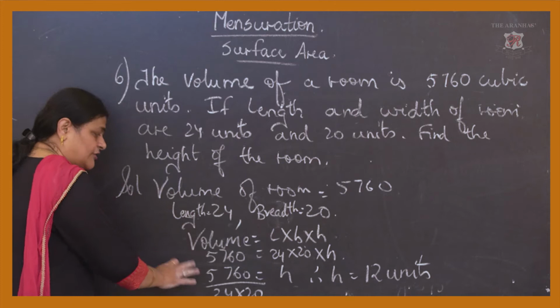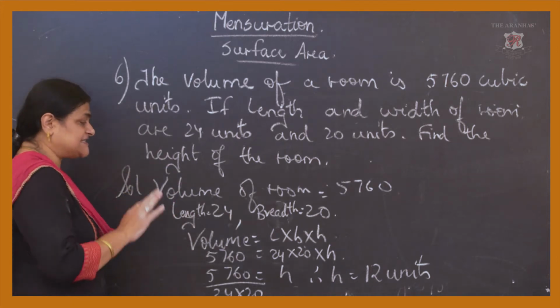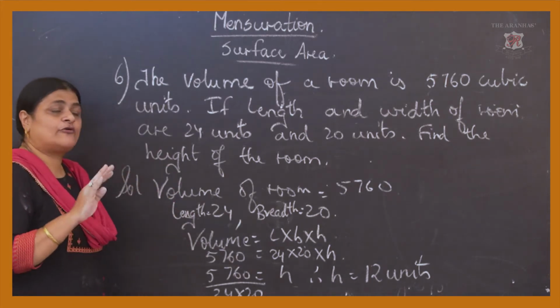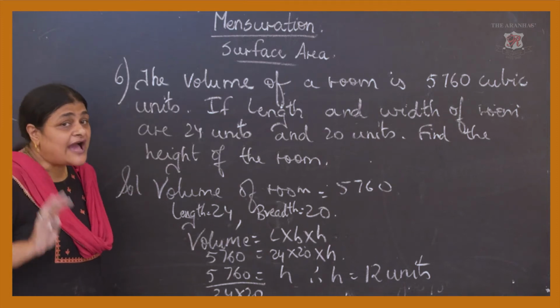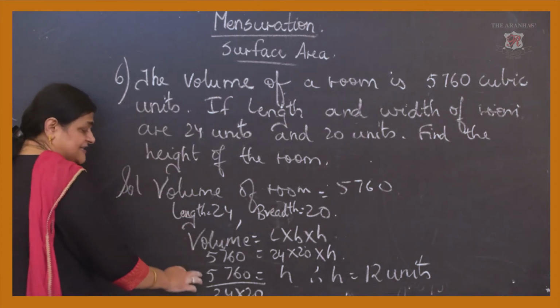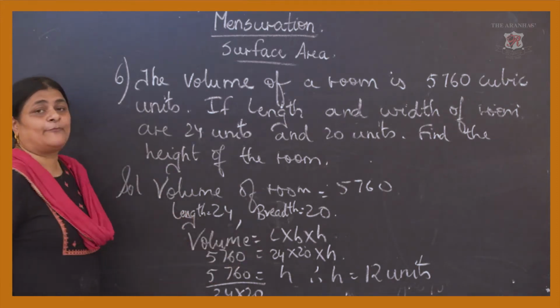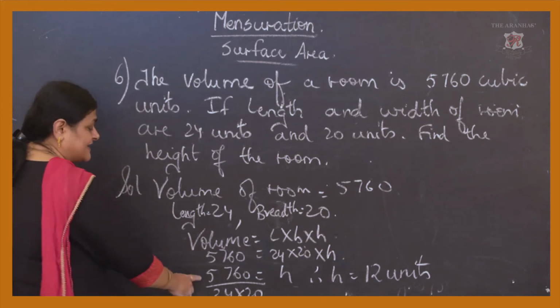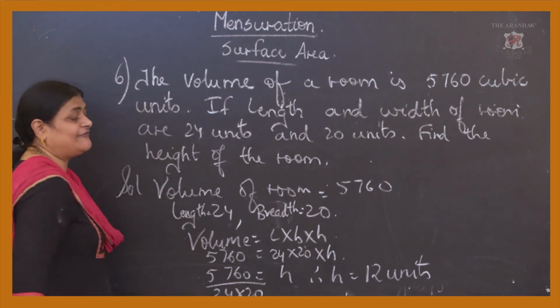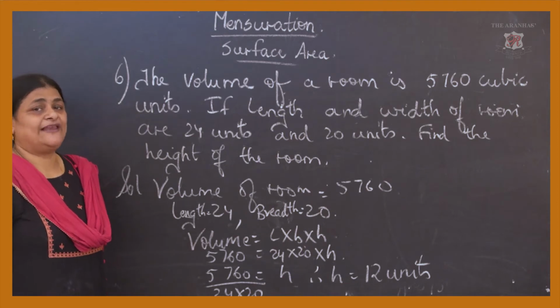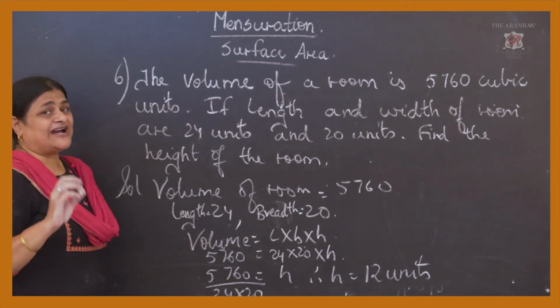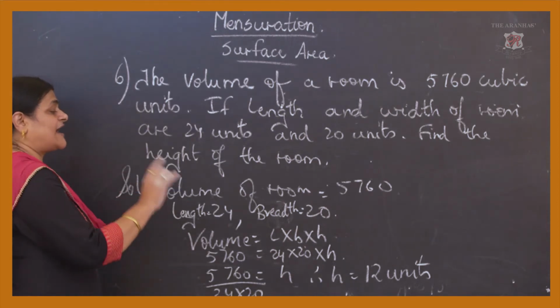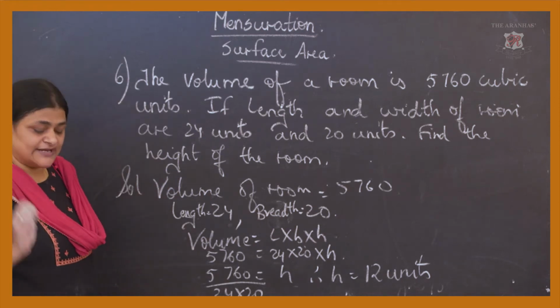So 5760 is equal to 24 into 20 into height. So 5760 upon 24 into 20 will give you nothing else but 12 units. They have asked you to find the height, so height is 12 units.